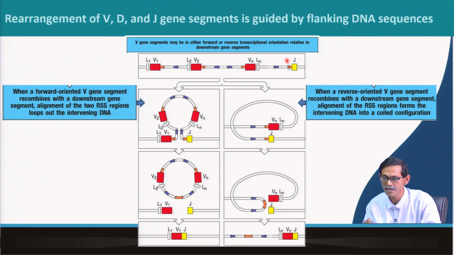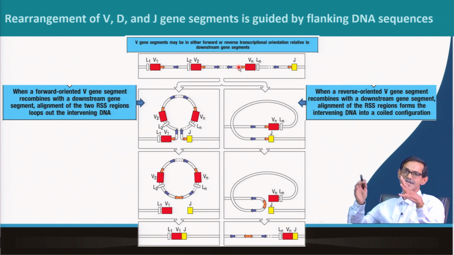what will happen? In between, a very little portion of the chromosome will be deleted, and the rest, V1 to Vn minus 1, which in the case of lambda is 37, is still going to be in the chromosome, but even after that no recombination is going to happen.